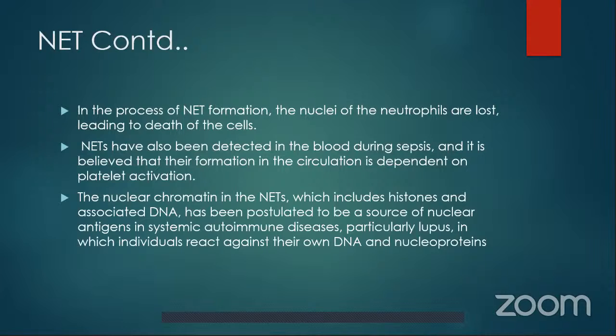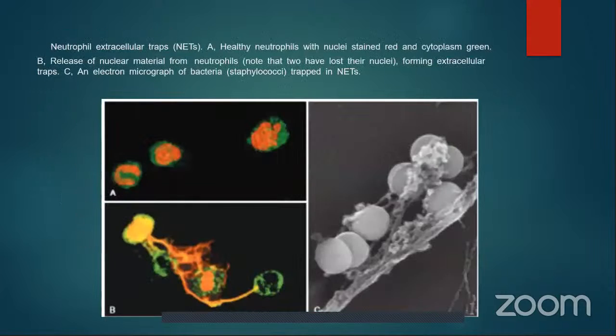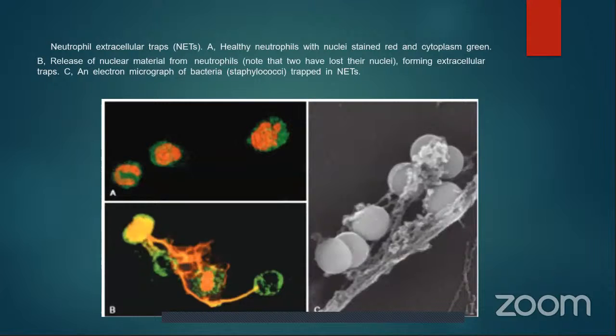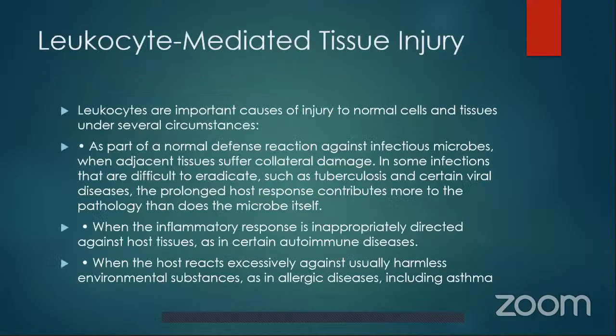So this was something devised to get rid of the offending organism, but because there is also collateral damage, certain autoimmune diseases can develop, and it is postulated that this is one of the mechanisms behind the pathogenesis, particularly in lupus. This is about neutrophil extracellular trap.